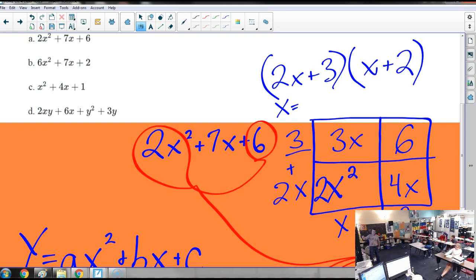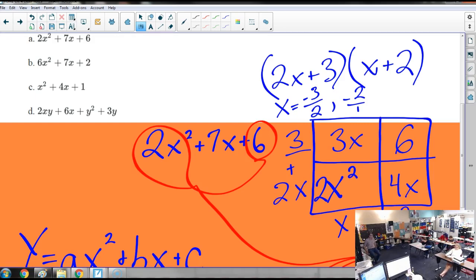So -3 over 2. Or you could set it equal to 0 and do the algebra, but that's what you're going to get. Opposite of your constant divided by your coefficient. -2 divided by 1, it's just -2. Those are our x values. Those are the zeros.